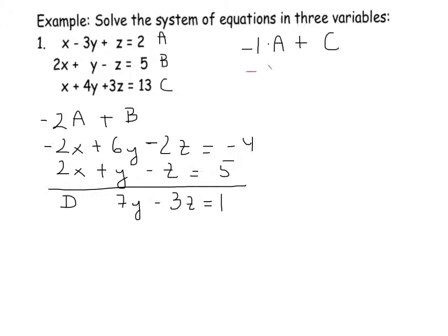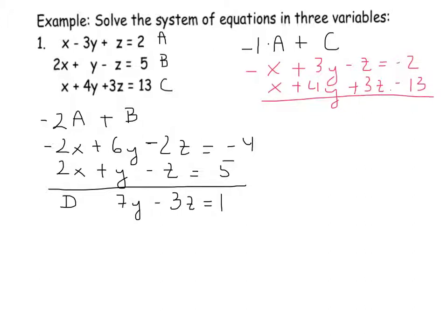So -x plus 3y minus z will equal -2, and x plus 4y plus 3z will equal 13. If I add these two equations, the x's cancel out, and I have 7y plus 2z equals 11. I'm going to label this equation E.